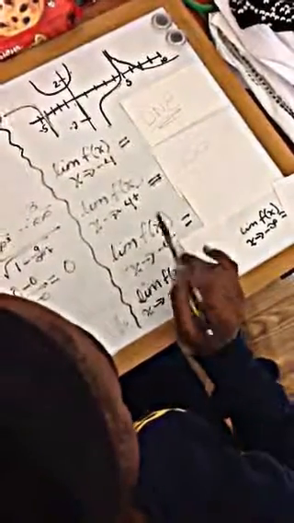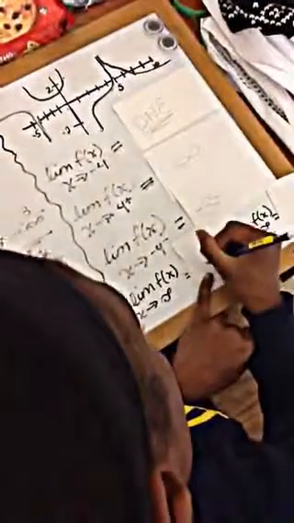I'm going to find the limit of f of x as x approaches -4 from the left, and as it approaches, it never touches. Therefore, the answer is negative infinity. Now, I'm going to find the limit of f of x as x approaches infinity, and the answer is -1 because of the finger test.